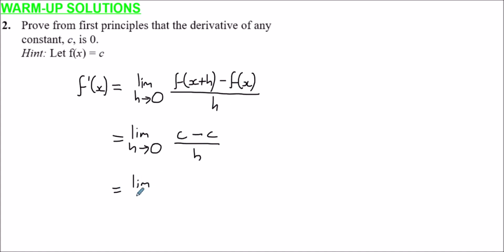So no surprises, the top of this fraction is 0. So 0 over h is just 0. If you divide 0 by anything, it's obviously going to be 0. And so the limit as h goes towards 0 of 0 is obviously just going to be 0. And so that's question 2 done.